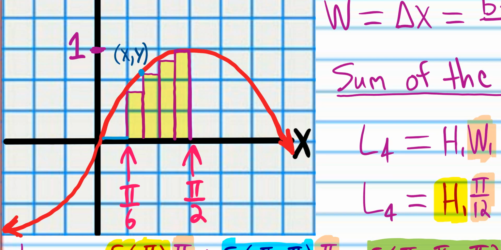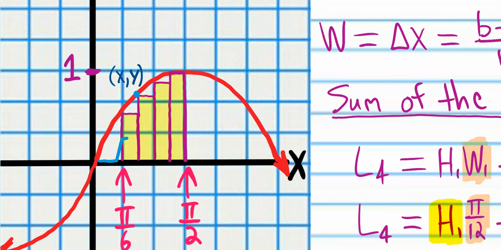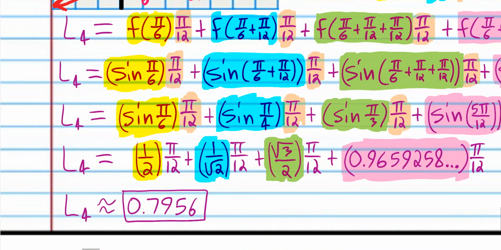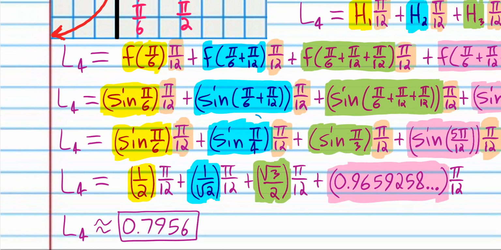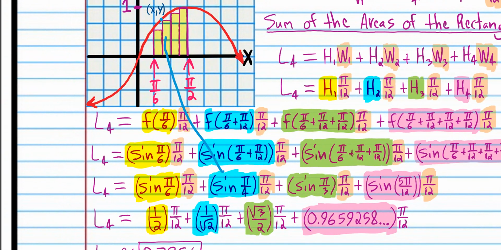So count out pi over 6 and then plus pi over 12, and that gives us the x value of that point. So pi over 6 plus pi over 12 is pi over 4. So then we plug in pi over 4 to the function, which is the sine function, and that is the height of that second rectangle, this rectangle here. Then we multiply it by the width, and we have the area of the second rectangle.